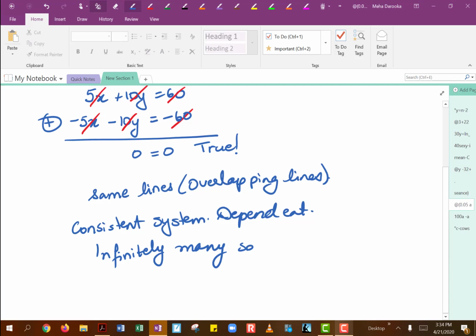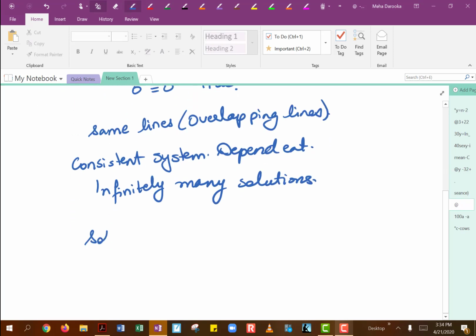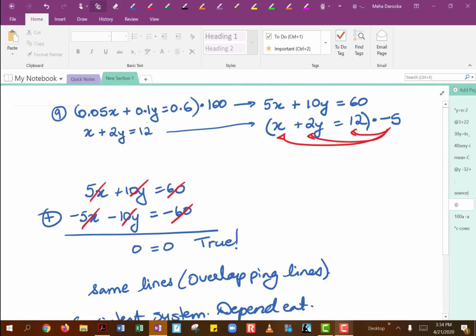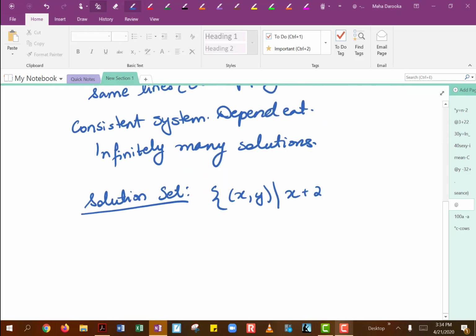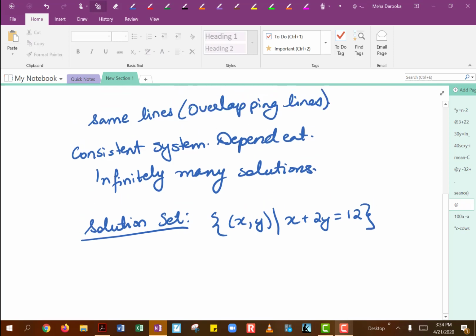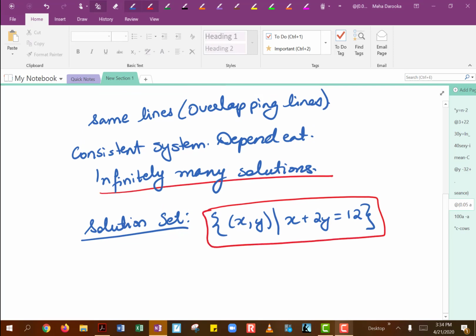Again, you can write your solution set with one of the two original equations, and we can use x plus 2y equals 12. If they ask you to write it in set builder notation, you write it like this, or if they ask you to choose infinitely many solutions, you can do it that way.